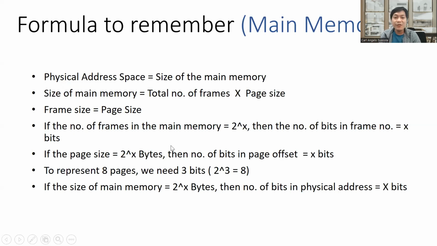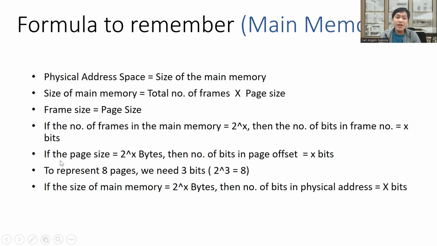If the number of frames in the main memory is equal to 2 to the x, then the number of bits in the frame number is x bits.